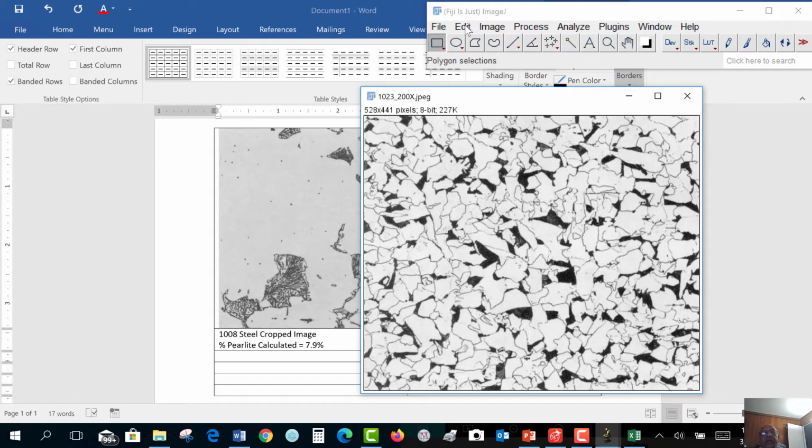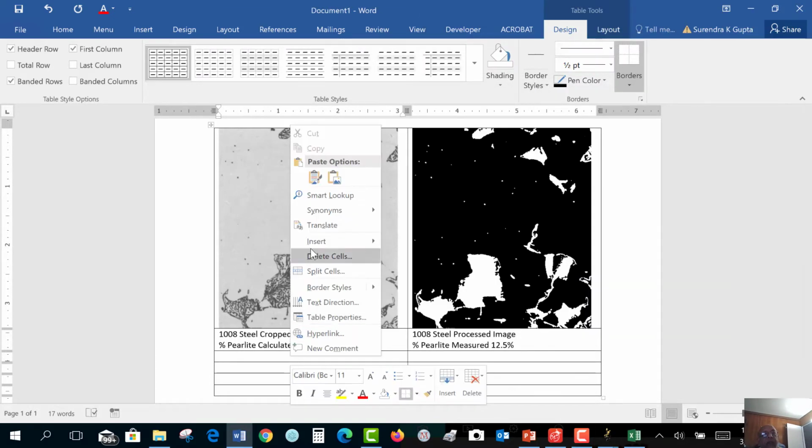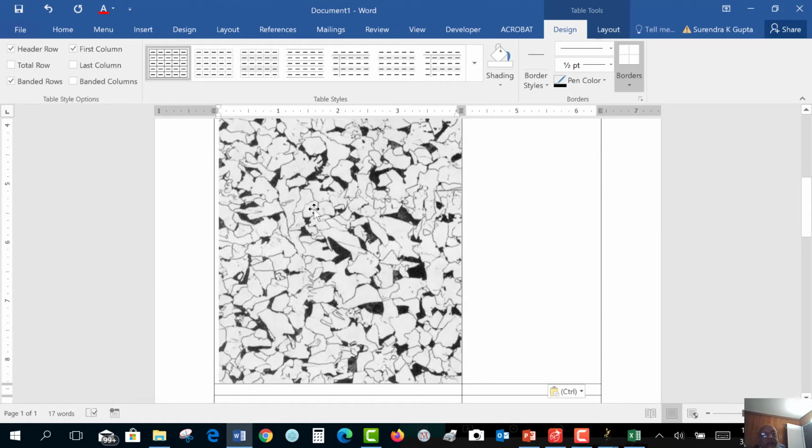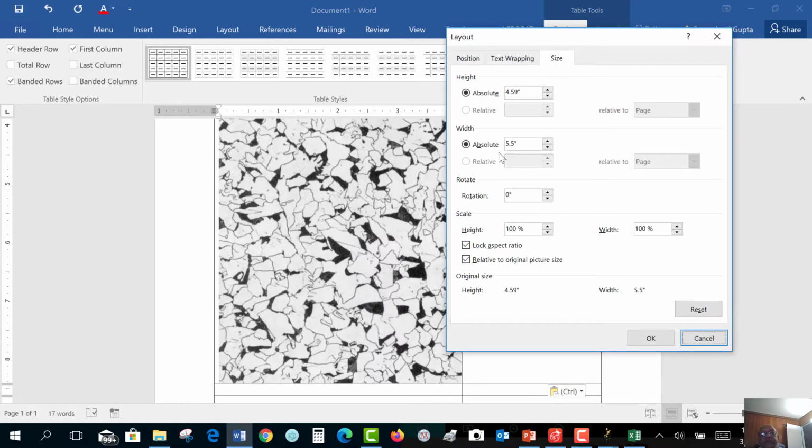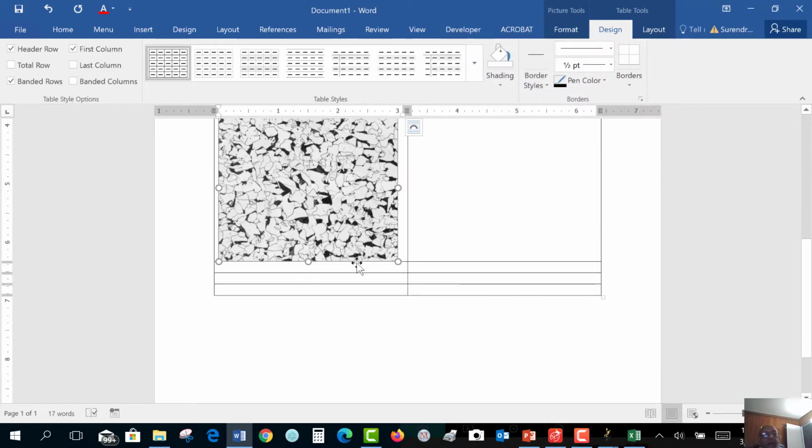So let's go ahead and copy to the system. Size it to 3 inches. And give it a caption. So this is 1023 steel. We didn't do any cropping, original image.